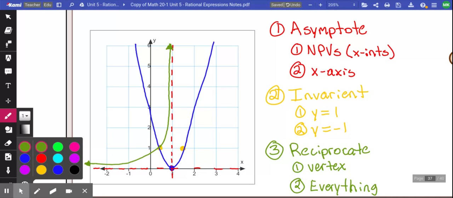On the right side of the asymptote, the same thing happens. I go up and along my fence line. I go down and along my fence line down over here. Like that. That green function would be my reciprocated function.